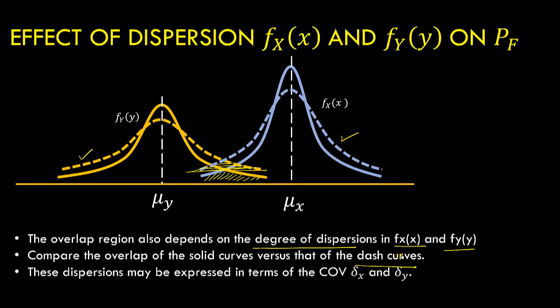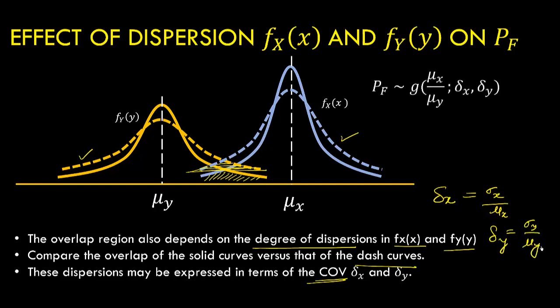So this dispersion may be expressed in terms of coefficient of variation. So we can express coefficient of variation for x, that is sigma x divided by mu x. Similarly, coefficient of variation for y, that is sigma y divided by mu y.